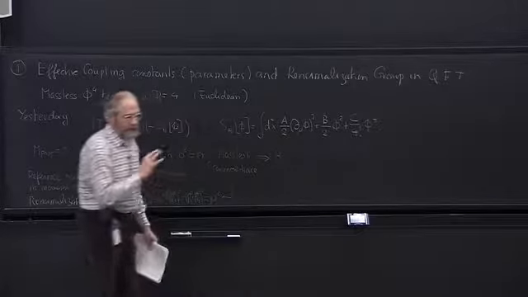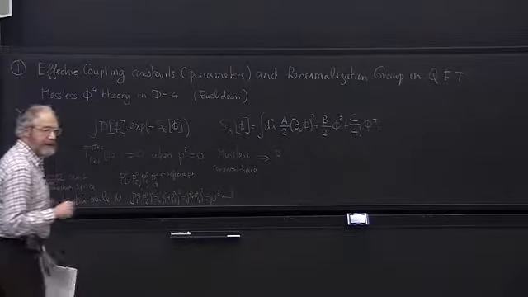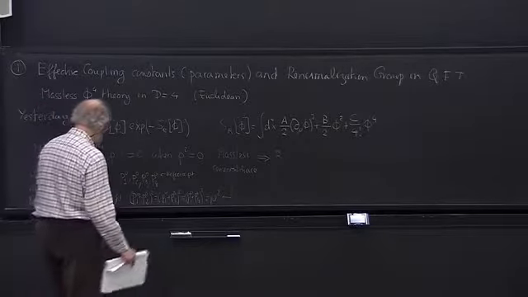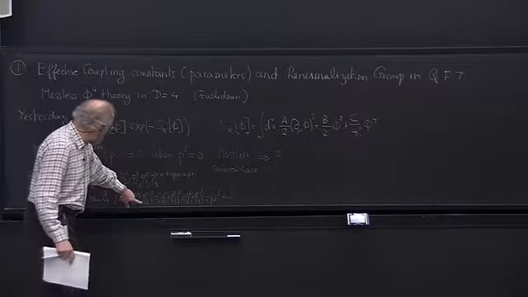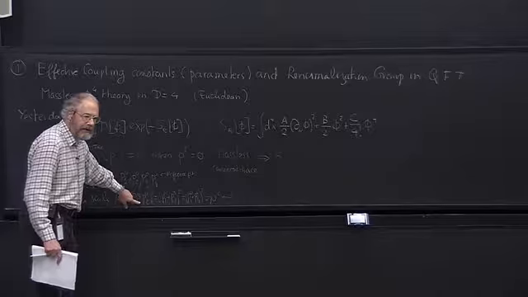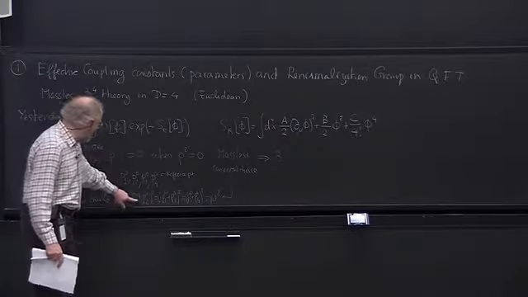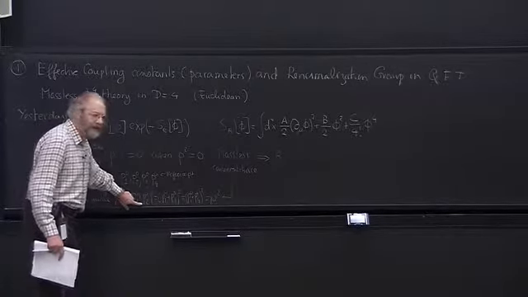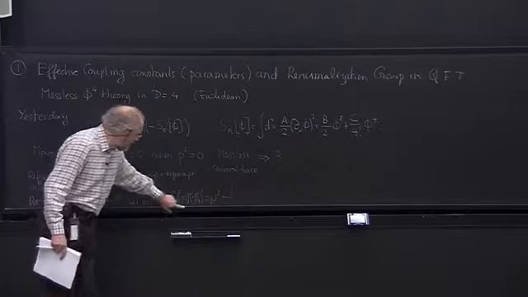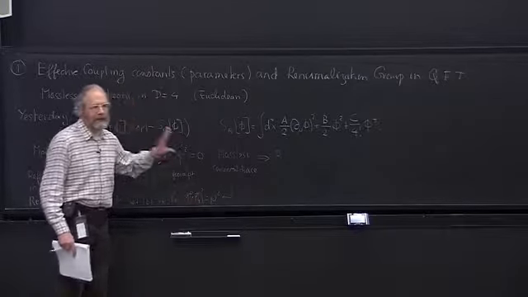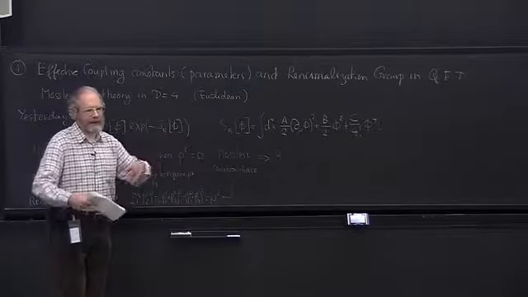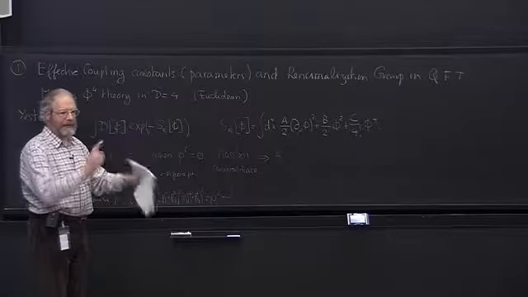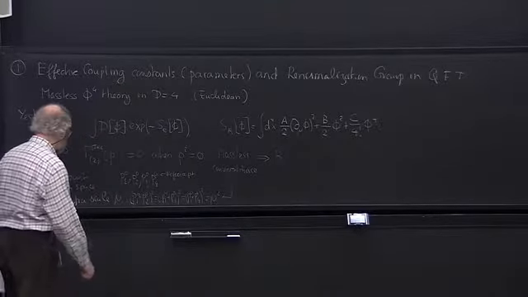Some other can be chosen. This choice means that basically when you compute the 4-point function, the normalizations of the 4-point function in the S channel, in the T channel, and in the U channel are the same. So it's symmetric under the change of channel. It's a convenient choice.